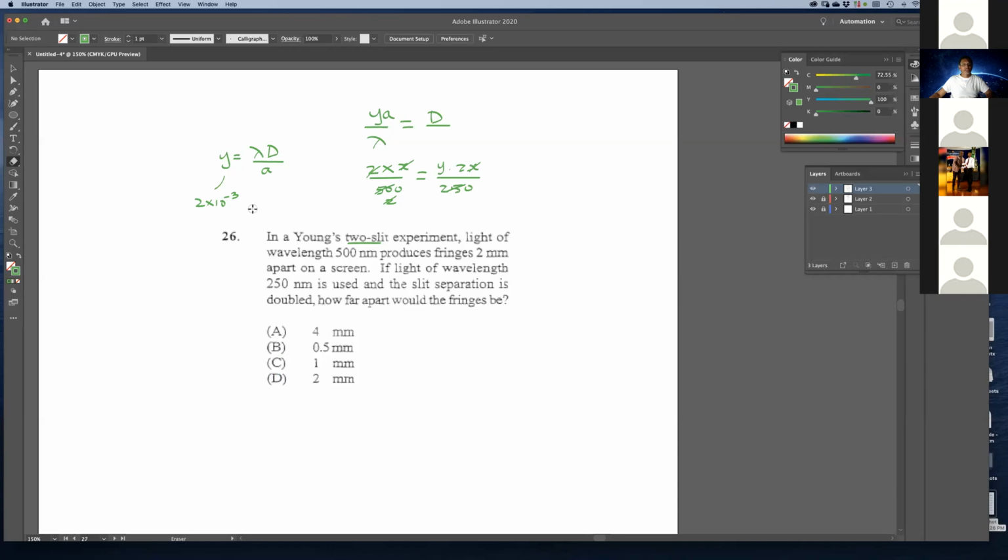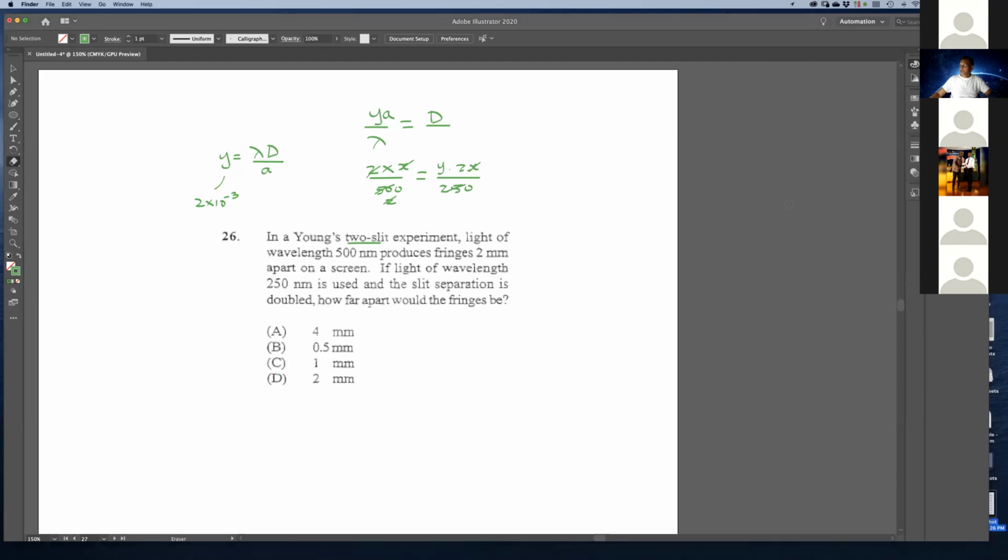Let me make sure I didn't put this as a wrong answer somewhere. I want to check something. This is 2009, number 26. Just give me a second, right? I just need to fix this as I'm here on this now.